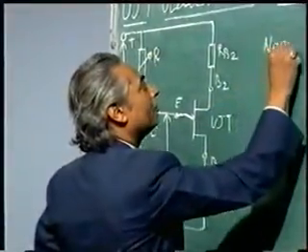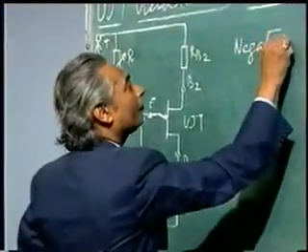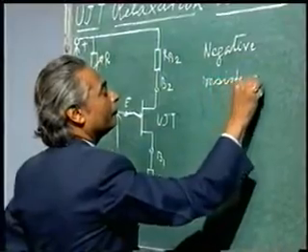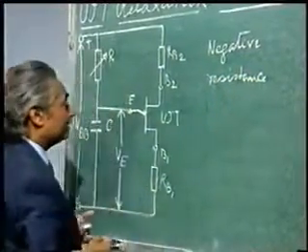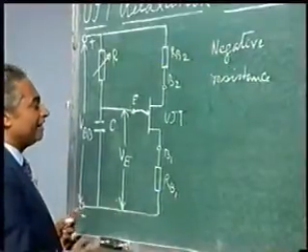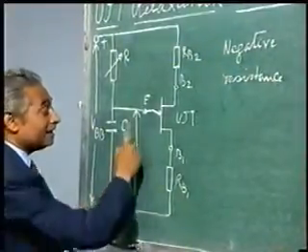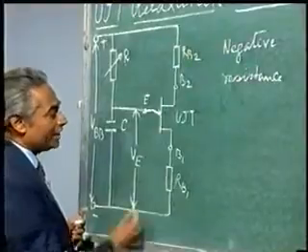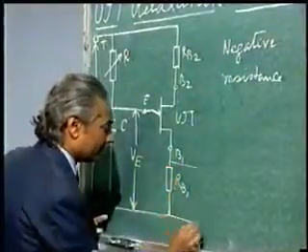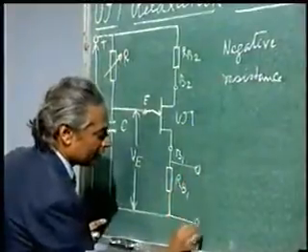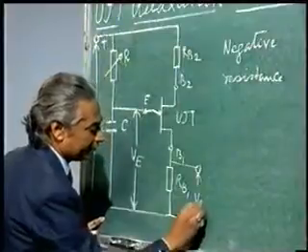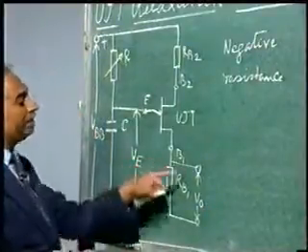Negative resistance means the voltage will droop and the current will increase, and the conduction is towards B1. So we can have an output which will be available across RB1. Here we will have the output, say VO.